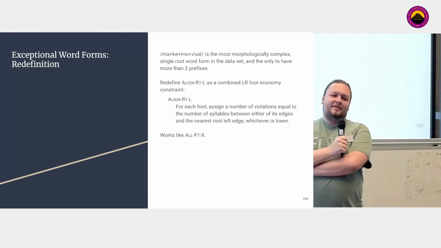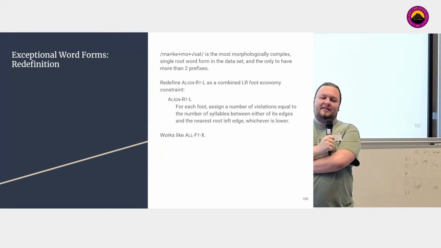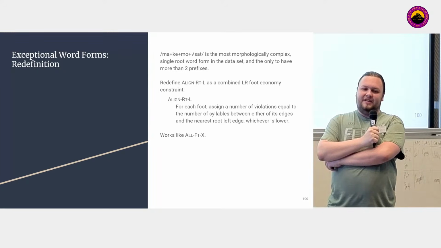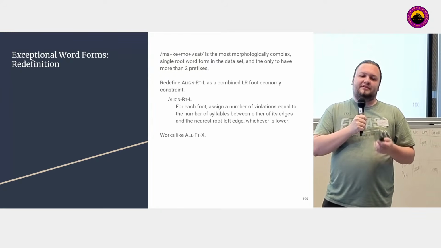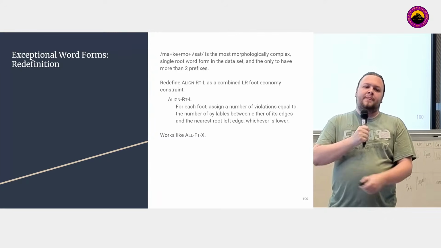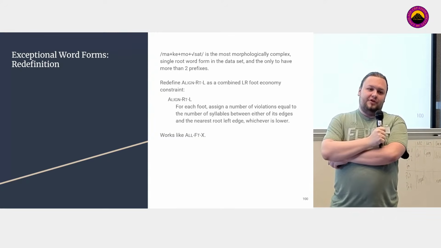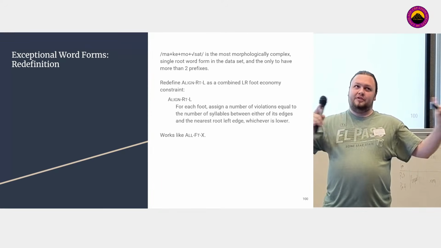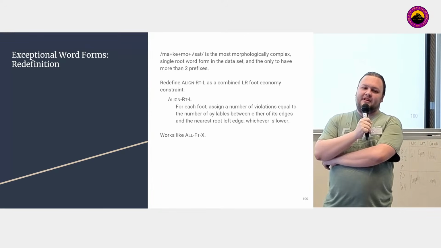Finally, there is some redefinition of the align root left constraint. In the paper where I found it, it basically works like an all foot left. It just wants to shove all of the feet to the edge of the root, and is categorically unidirectional. Here I redefine it to be bidirectional, where it works outwards from the root edge.